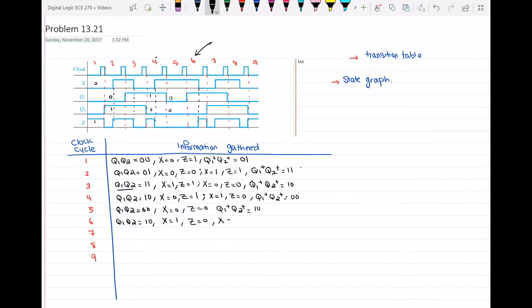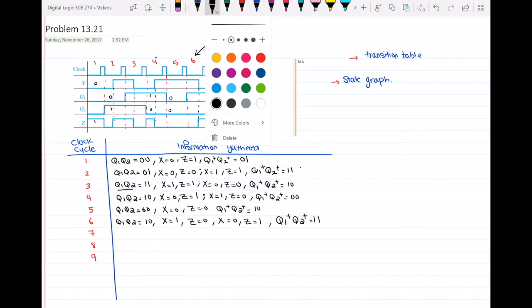And when X changes to 0, Z is equal to 1. Okay? And then Q1 plus Q2 plus, the next states of my flip-flops, are equal to 1, 1.